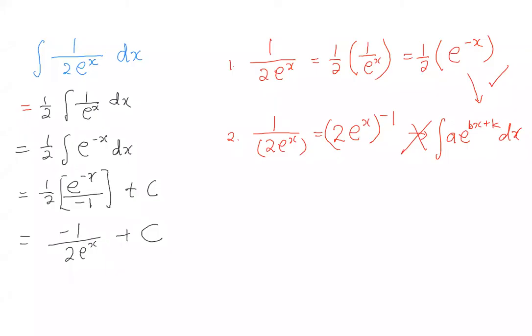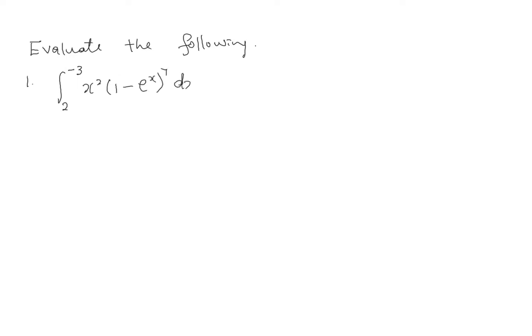I set the question like this. I said, evaluate the following. Integrate from 2 to -3 of x squared times (1 minus e to the power x) to the power of 7 dx.